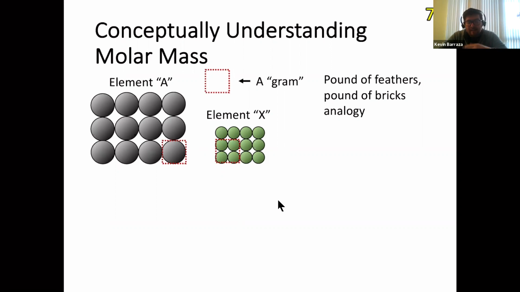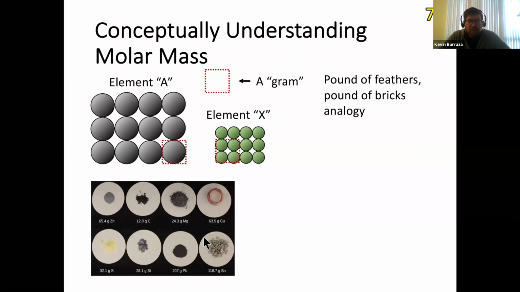So this means that things that are lighter particles will have smaller molar masses, and things with larger particles will have higher molar masses. And that's because if we're trying to fill to a certain amount of grams, we don't need as many of the larger particles.